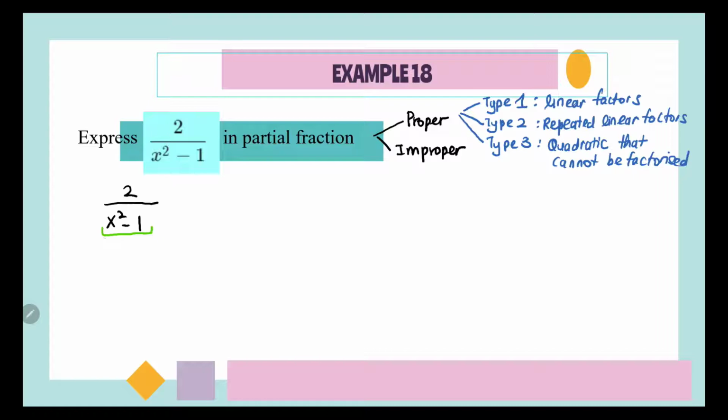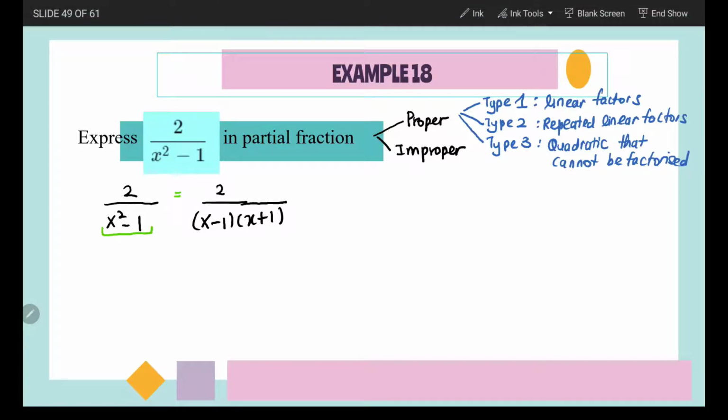So we will try to factorize x square minus 1. When we factorize it, we get x minus 1, x plus 1. Once we get that, we can recognize what type of factor this is. So this is type 1, linear factor.